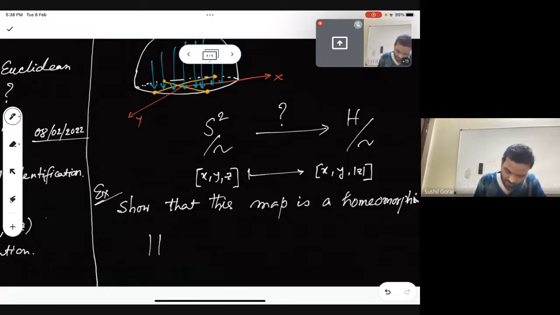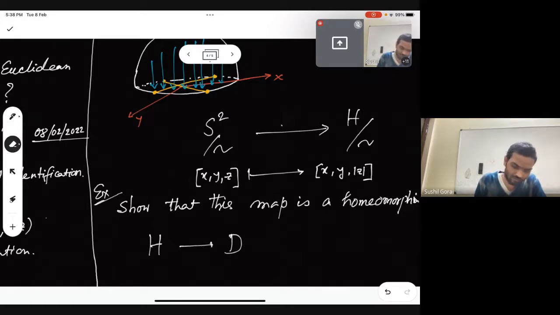So H is homeomorphic to the disk. Let us call this F, and this G. How does it go?